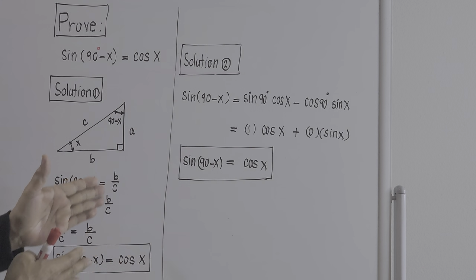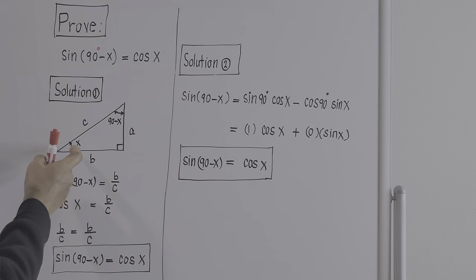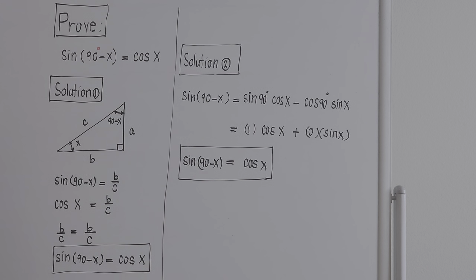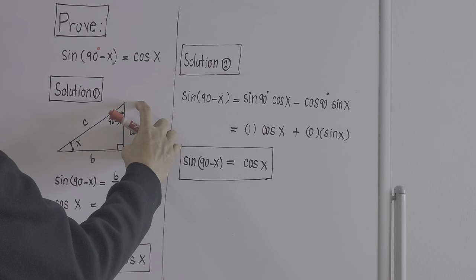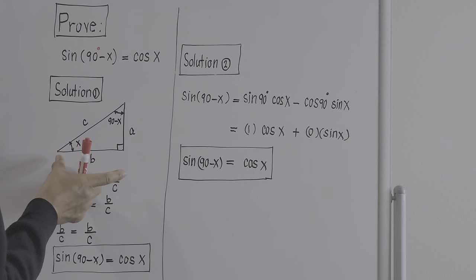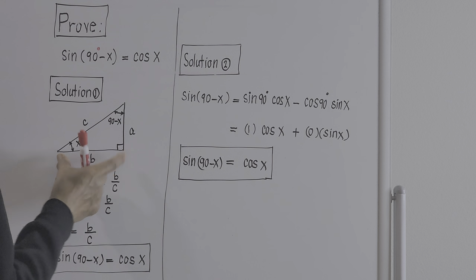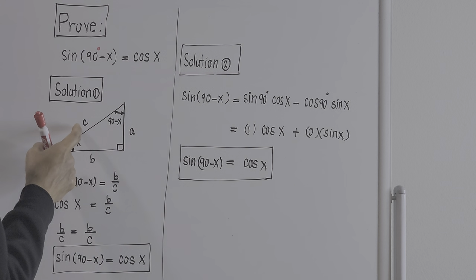They are complementary, meaning the sum of these two angles should be equal to 90 degrees. We will designate this side as small a, this side as small b, and the hypotenuse as small c.